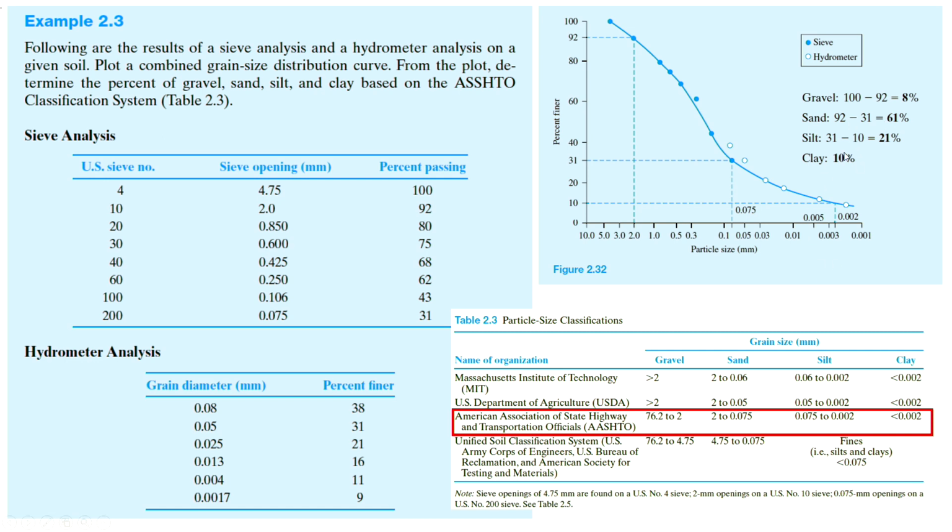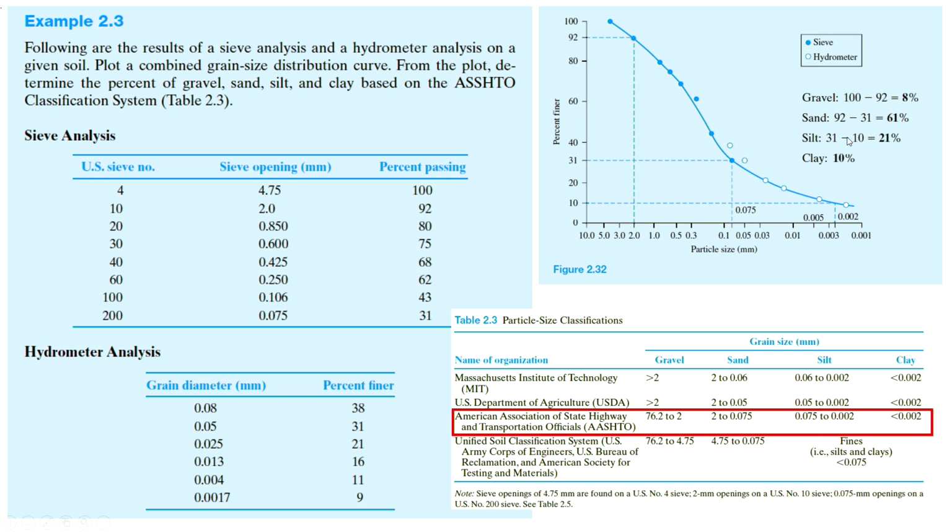Then in the same way, silt is a particle between 0.002 and 0.075, so the range is here. Silt should be 31 minus 10, around 21%.